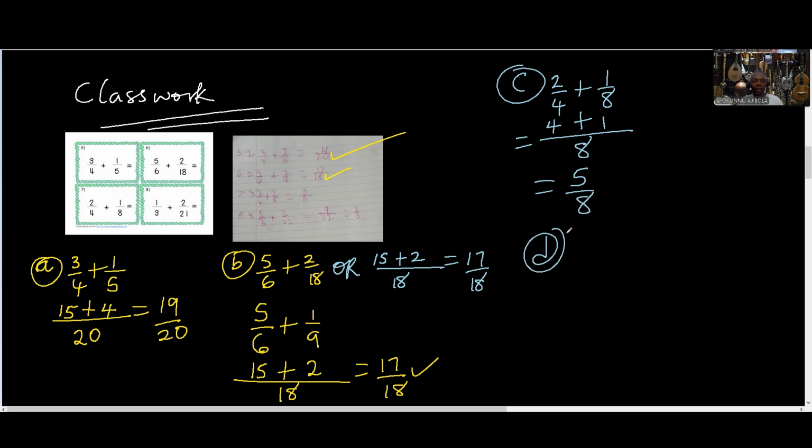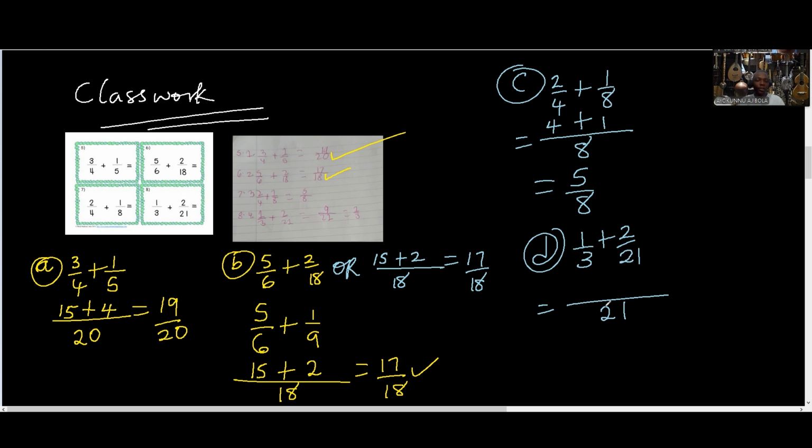And the last one, not the least, 1 over 3 plus 2 over 21. So what is the multiple of, yeah, 21 is a multiple of 3, okay?